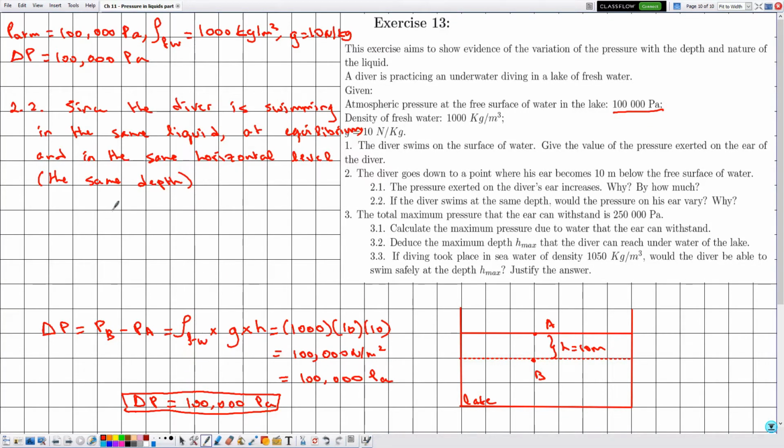For this reason, the pressure of all points of this depth is the same. In other words, it doesn't vary.